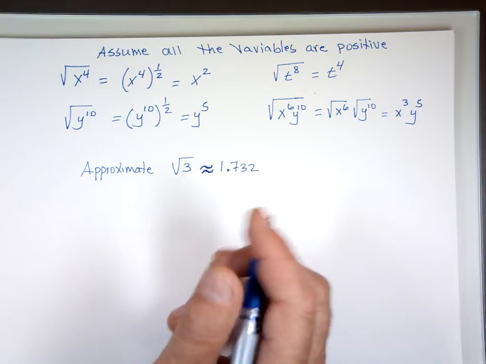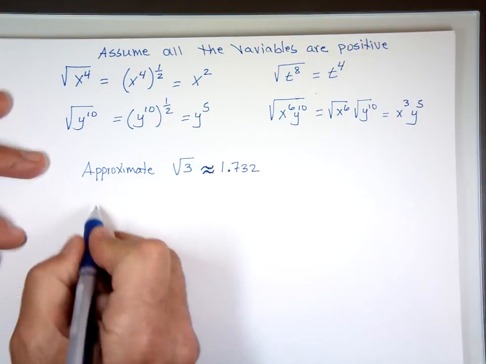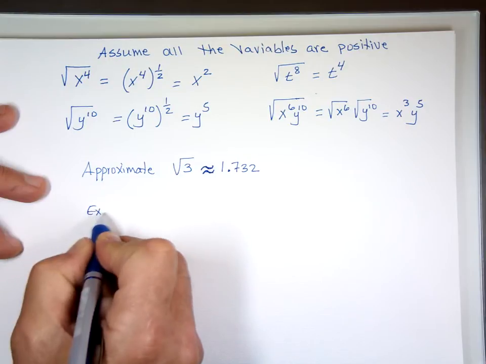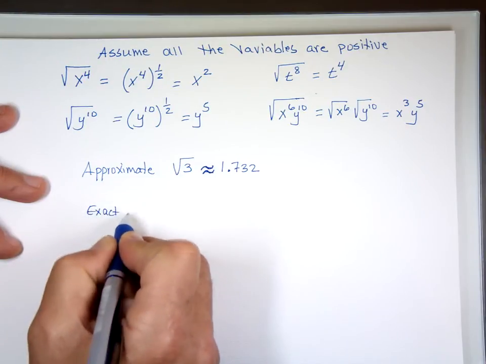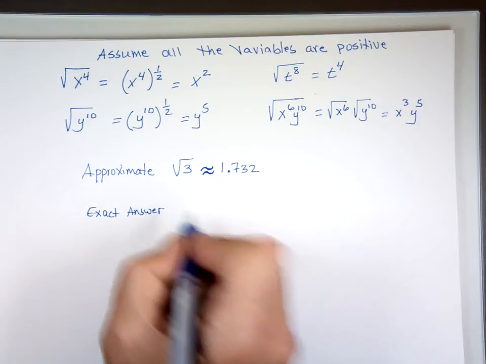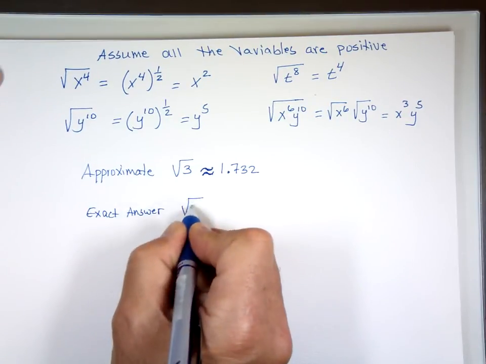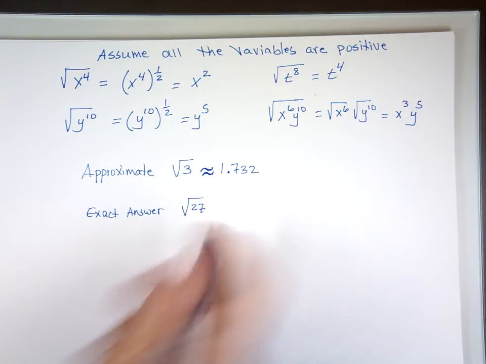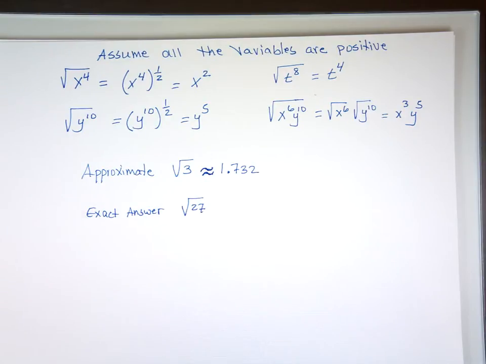If they say, give me the exact answer of the square root of 27, you can't use the calculator, because the calculator is going to round that for you. It's going to be approximate. So for 27, you have to think about it.